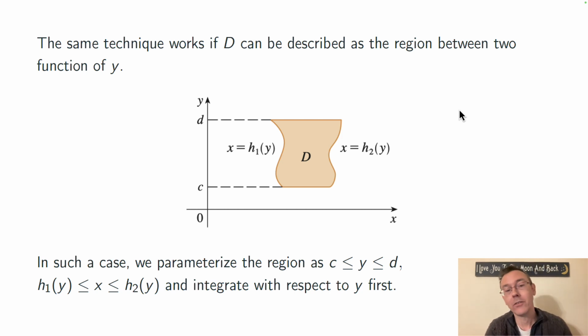And in that case, you're going to parameterize the region based on two y values that are just fixed numbers, y = c and y = d. And then your limits for x are going to be functions of y, the equations of the right curve and the left curve in terms of y. In that situation, you'll be integrating with respect to y first, and then with respect to x.